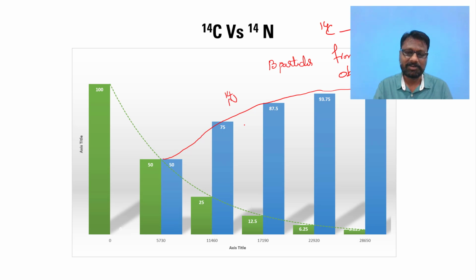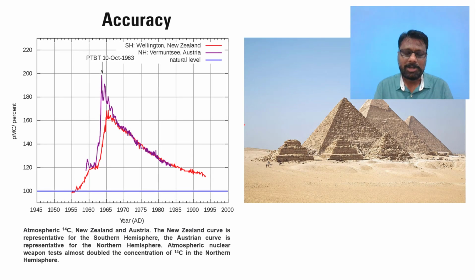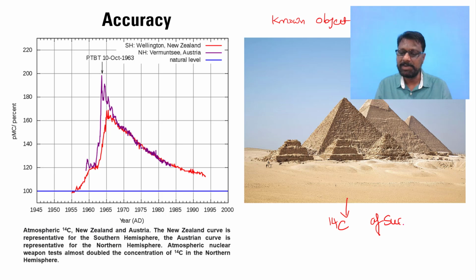nature. Now when we look into the accuracy of this, basically what we can say is that when we take a known object and its age, and if you observe the C14 of such material, eventually we can find out how old this object is.